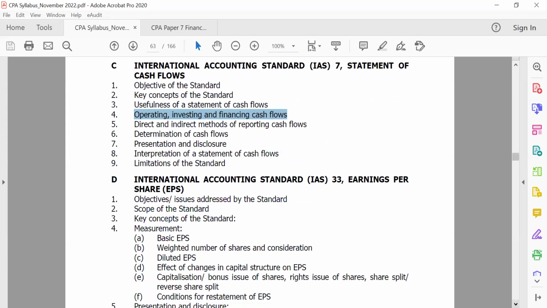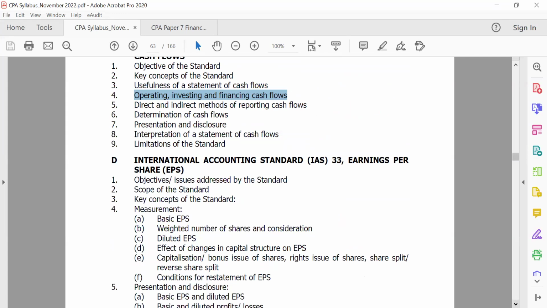Then we have something to do with earnings per share, which is IAS 33. So if you have followed some of, let's say, for example, entities that are listed on the stock exchange, the word earnings per share might be something that is very common to you. So the earnings per share is governed by this standard, which is IAS 33.